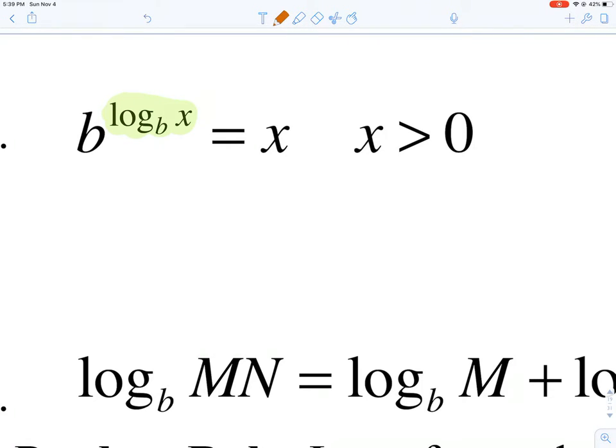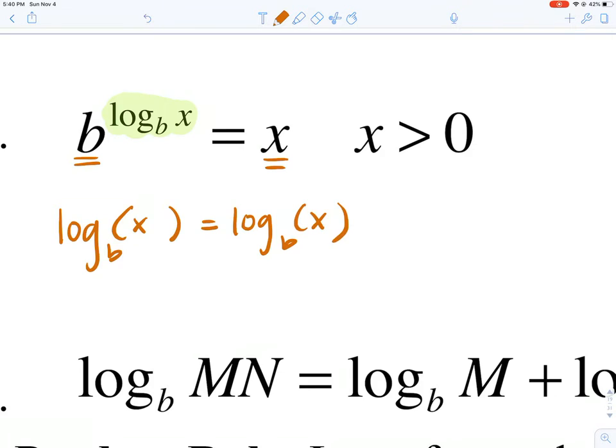Okay, so in logarithmic form, we would do the log base b, right, because of the base here, of x is equal to the exponent, and the exponent in this case is the log base b of x. Okay, so if this base matches this base, it's just equal. This simplifies to be just the argument of the logarithm that's in the exponent position.